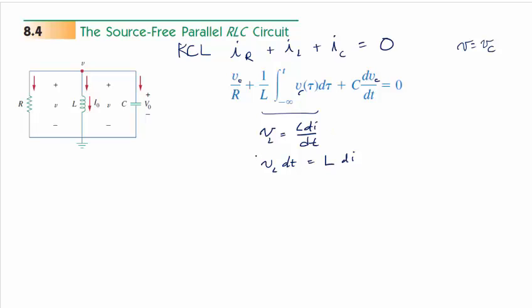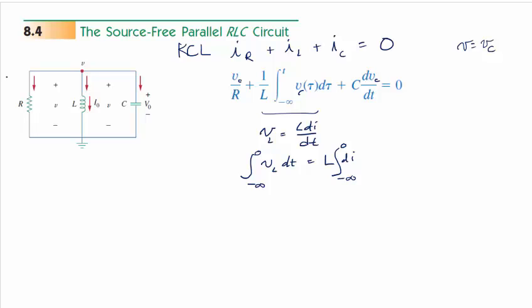So anyway, we're going to integrate both sides, from time negative infinity to time 0, because we're looking at what has happened in this circuit for some period of time that caused these initial conditions to be here.